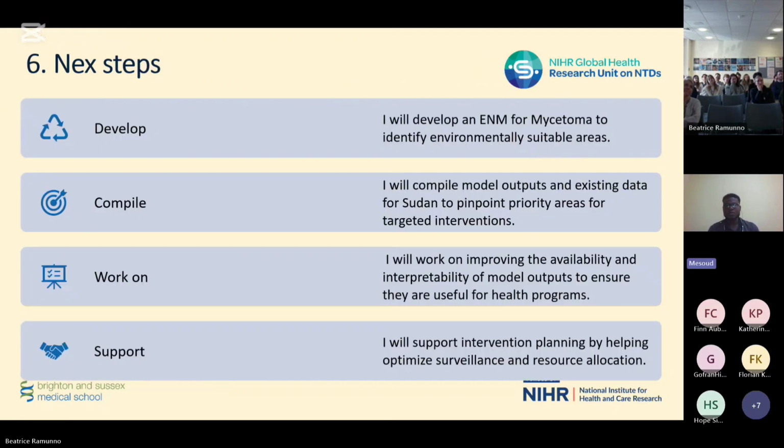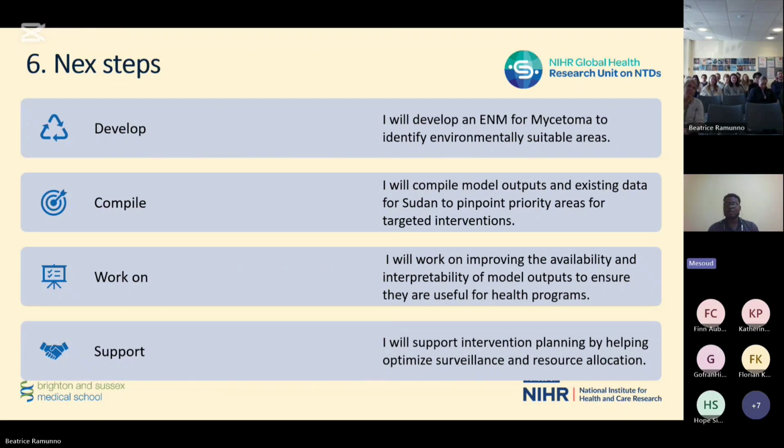So what is our next step? We did this review, and we are still working on it. I will develop an ecological niche model for mycetoma to identify environmentally suitable areas.